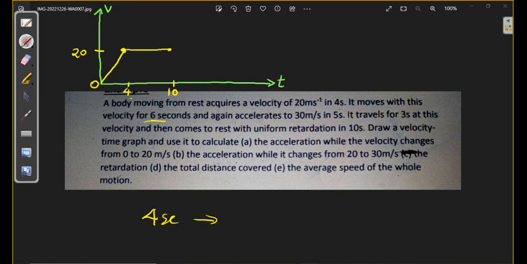And then from there, it again accelerates to 30 meters per second in 5 seconds. We are already at 10, but we're accelerating in 5 seconds. So from 10, if we accelerate in 5 seconds, at what time are we going to reach? That will be at 15.